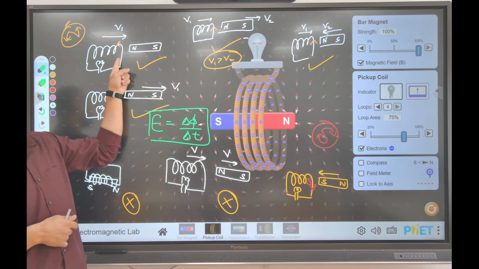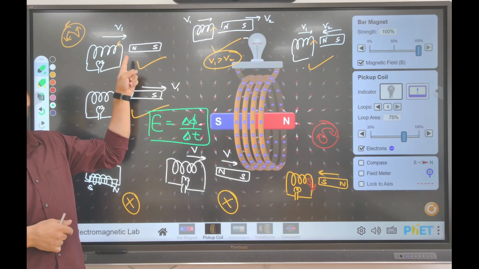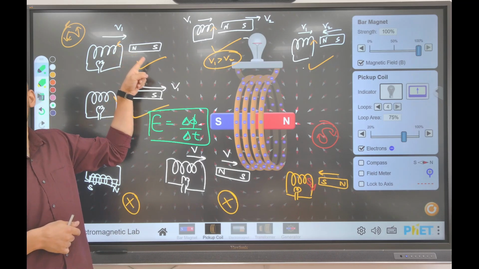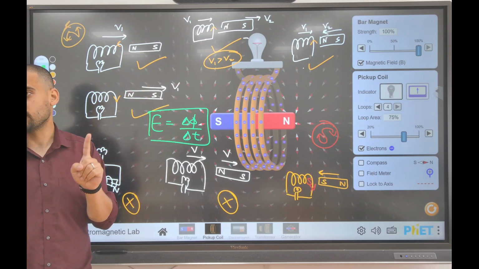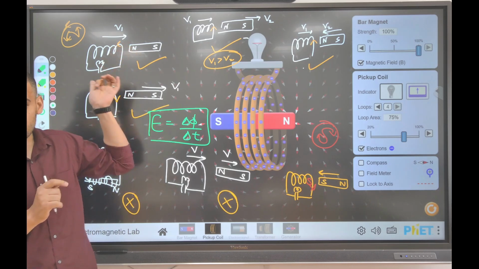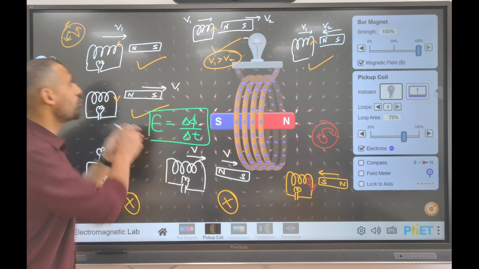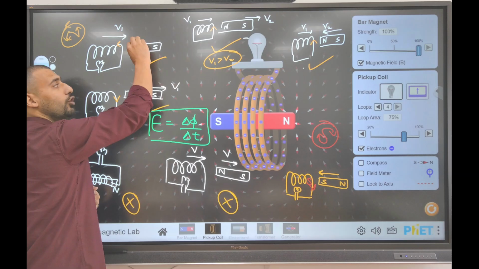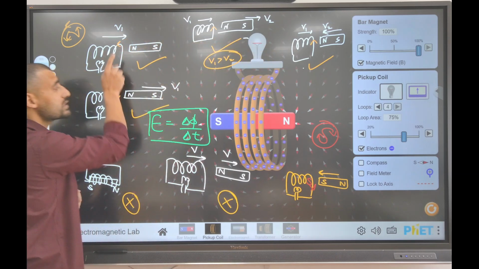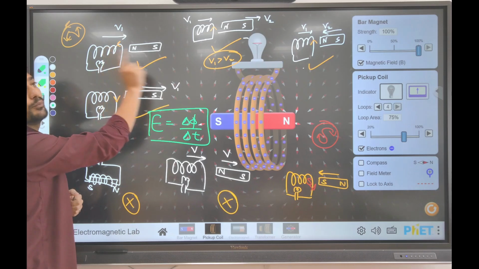It is producing a south pole, isn't it? South will attract the north. So it is doing work against it, isn't it? Try to understand. The direction is such that it opposes the cause. The cause of producing the voltage was that the north is going away. But the direction is such that it opposes the cause.